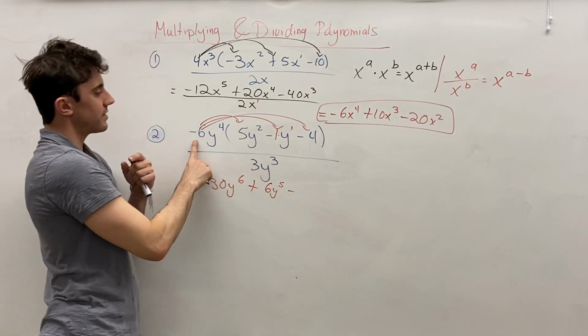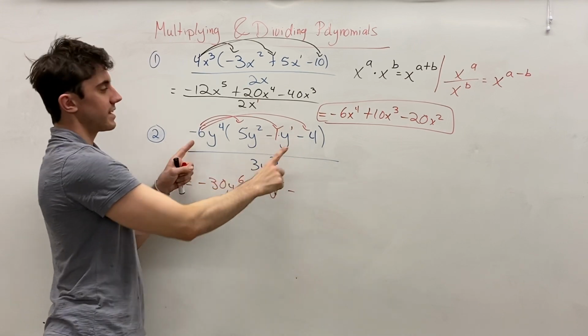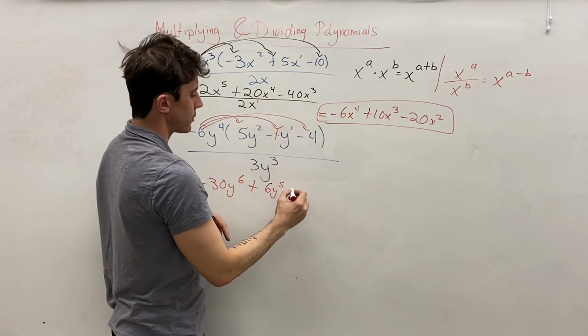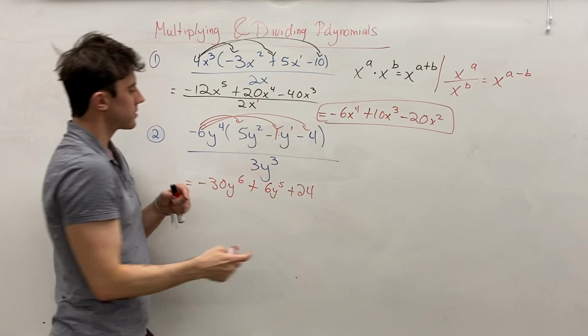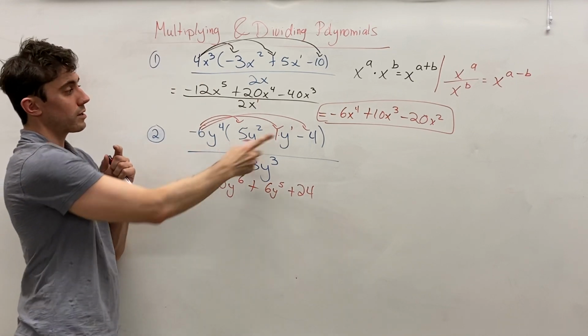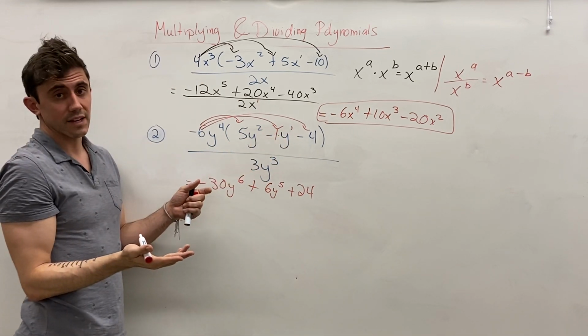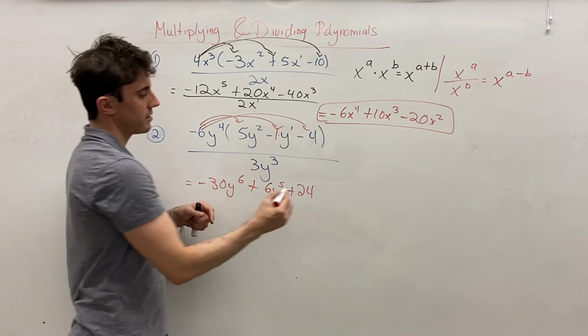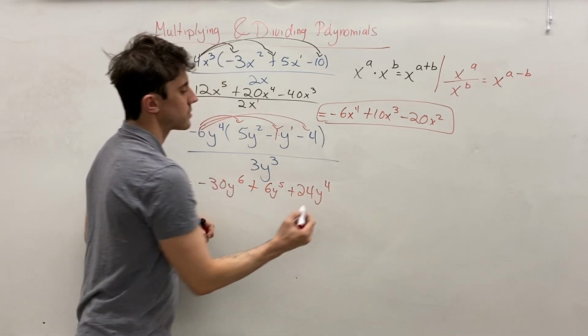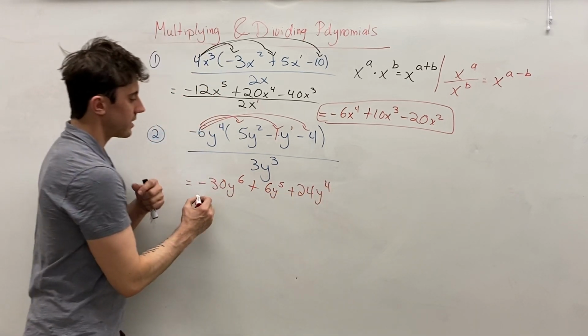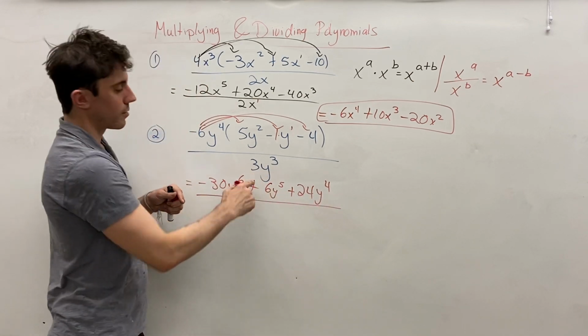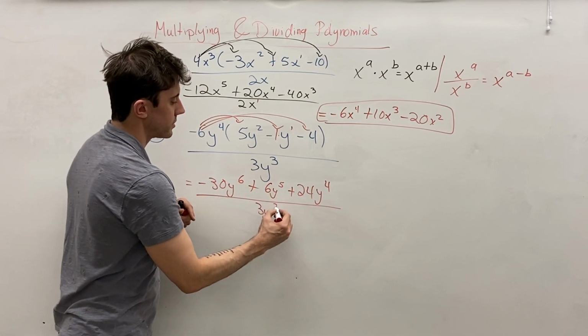And finally, negative 6 times negative 4, negative times a negative, again produces a positive product, 24. And this time we have y to the 4, there's no more y attached to the third term inside the bracket, and so all we get is a y to the 4, okay? Again, all over our denominator of 3y cubed.